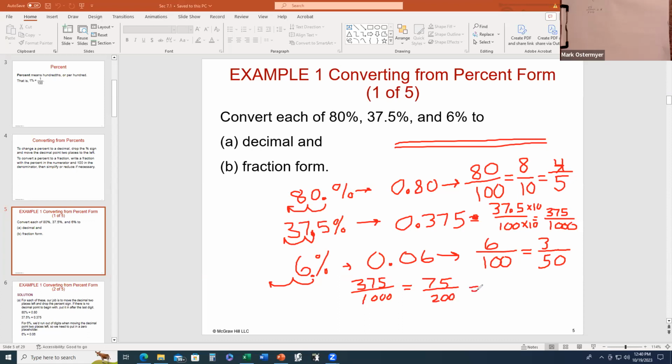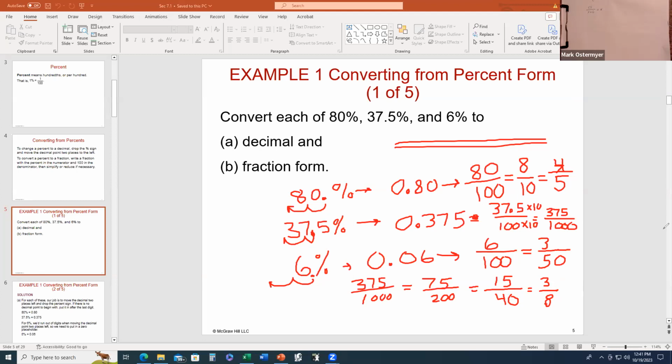Reducing by 5 again, we can reduce this down further to 15 over 40. Reducing by 5 again takes us down to 3/8. So 37.5% as a reduced fraction is 3/8.